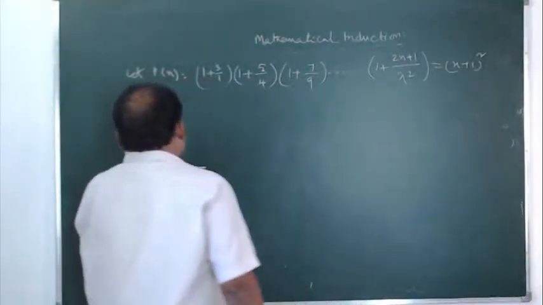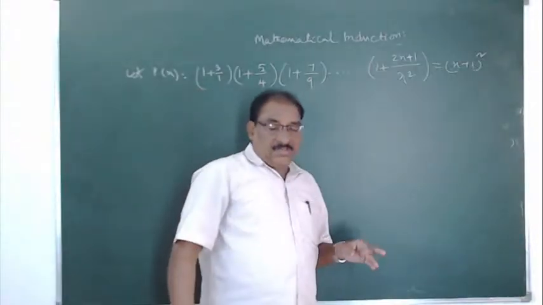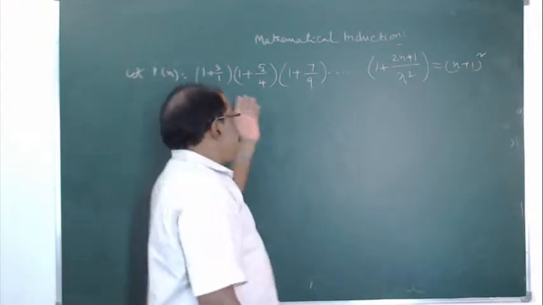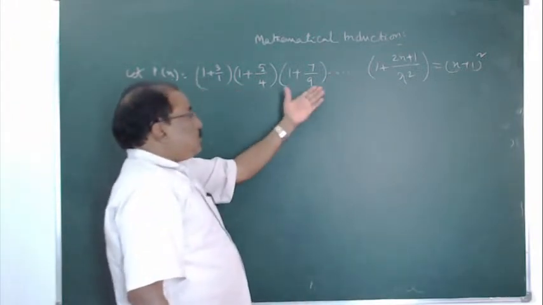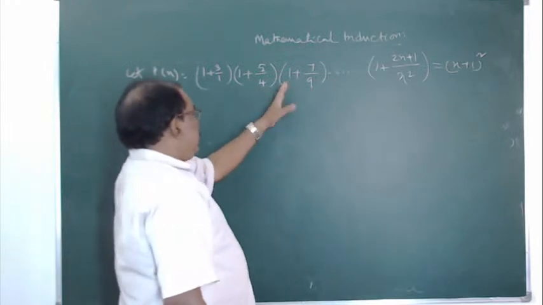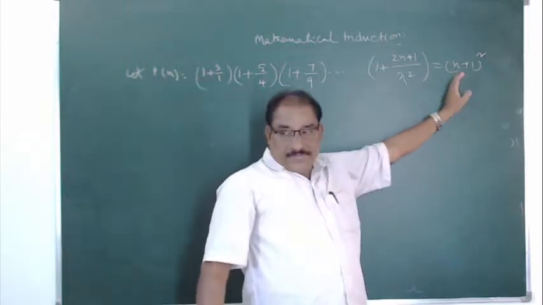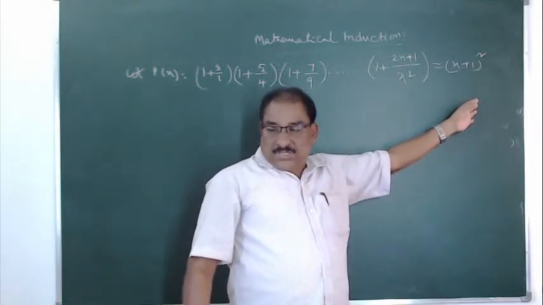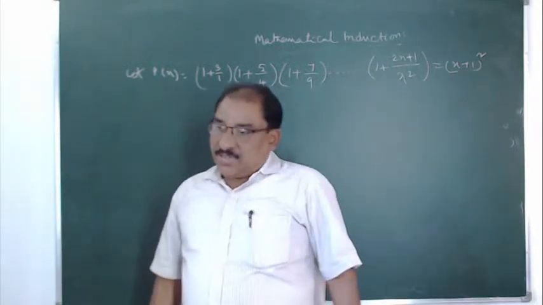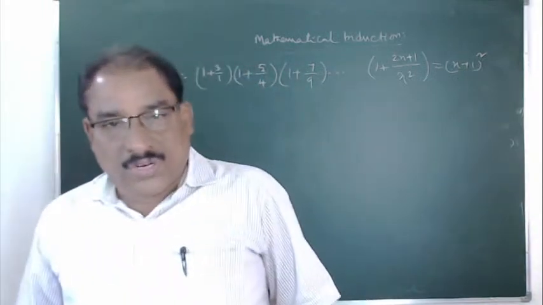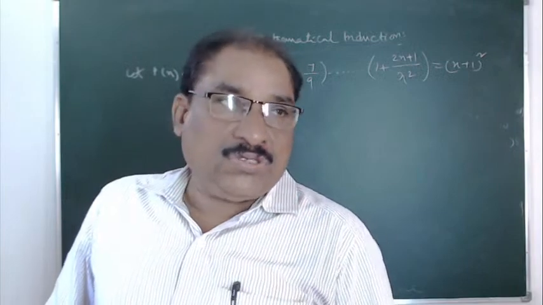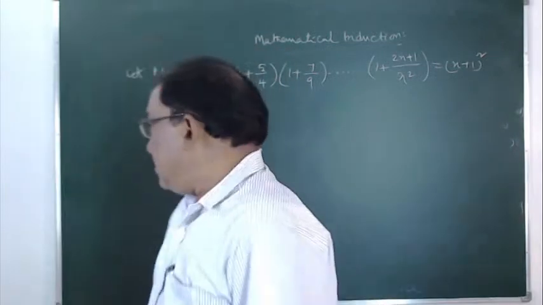Here the series is a multiplication series, but the process is the same. The given problem is the series as LHS and the formula as RHS. First of all, check whether it is true for n is equal to 1, whether P of n is true or not.